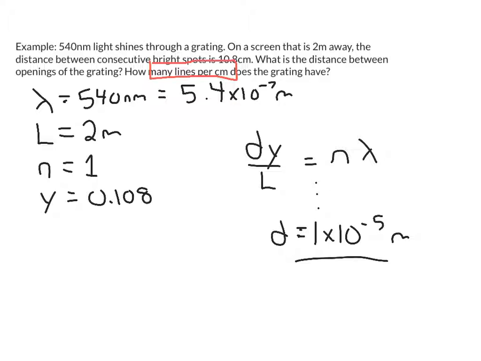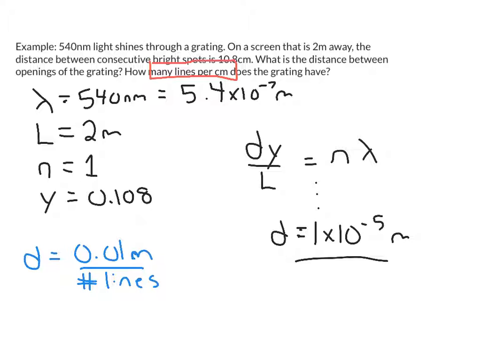To figure out lines per centimeter, sorry, the d value is the distance divided by the number of lines. In this case, the distance we're curious about is 1 centimeter. So it would be 1 centimeter divided by the number of lines.